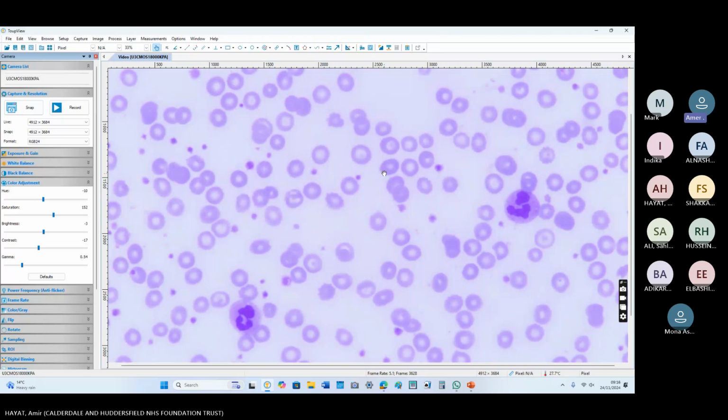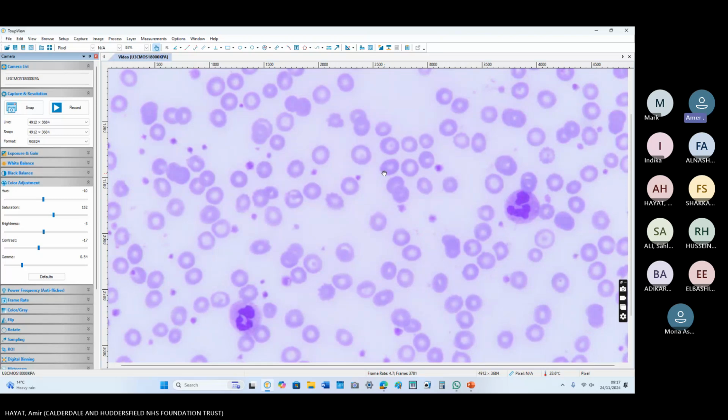So you will report the blood film for the exam purpose. This blood film contains leukocytosis and thrombocytosis. There are multiple schistocytes in the blood film, no blast seen, and multiple toxic granulated neutrophils and band forms seen.